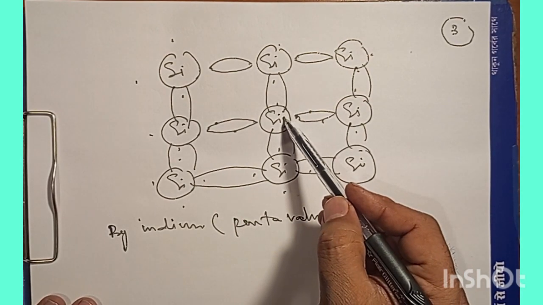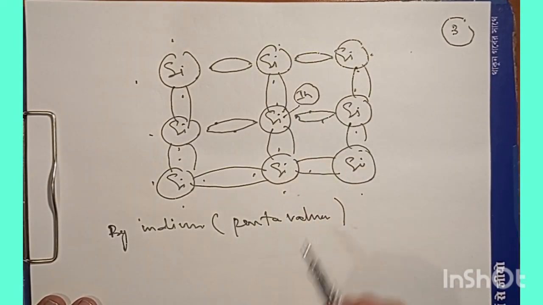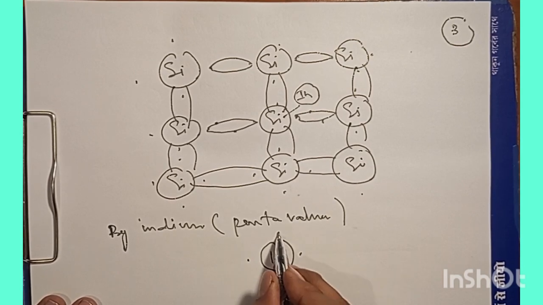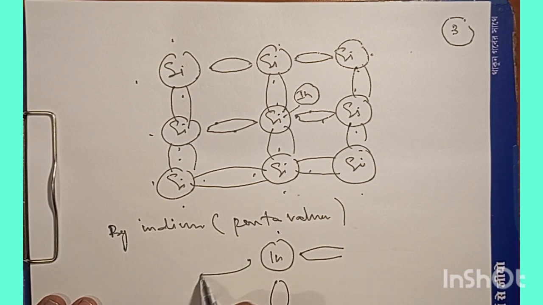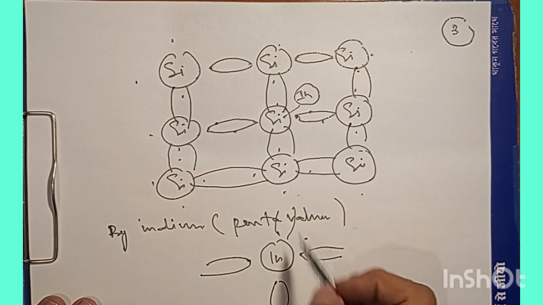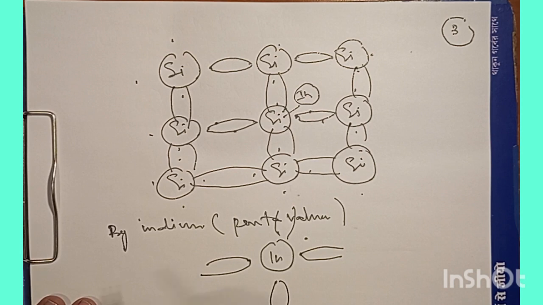When I replace this by indium, indium has five electrons. Four of its electrons will make bonds with the network around it, and the fifth electron will be left free. So when we use indium in the network of silicon atoms, we are adding an electron to the original matrix.